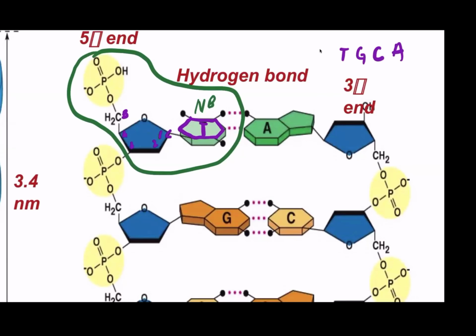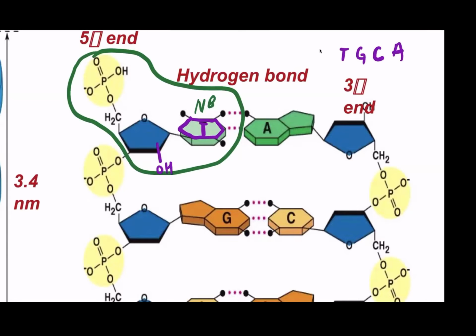This is the sugar. If it's a DNA sugar, there is one more difference between DNA and RNA. DNA is known as deoxyribose. So what does that mean? If the carbon has an OH group here, it's a ribose sugar.